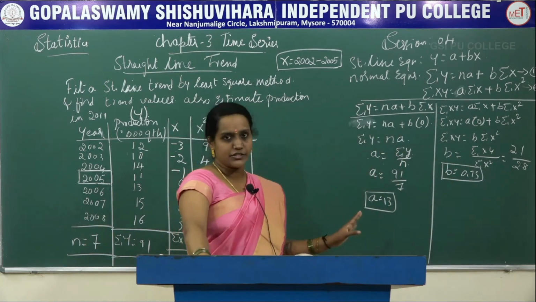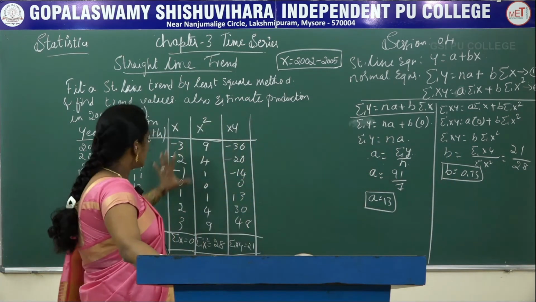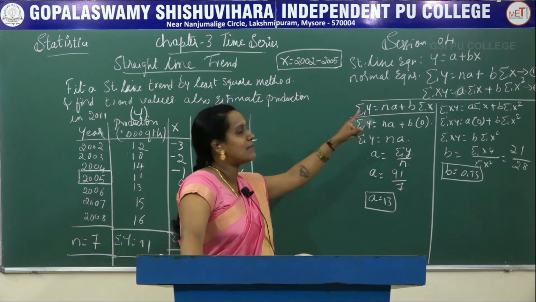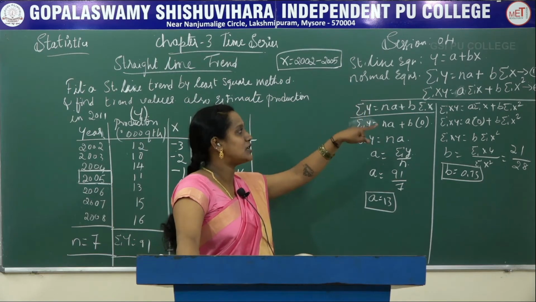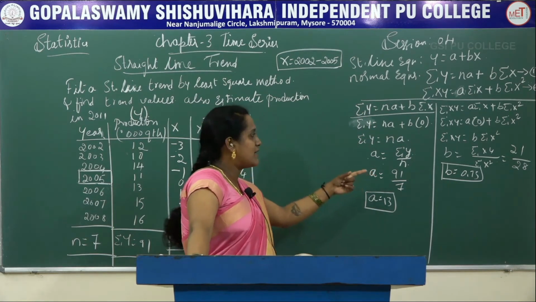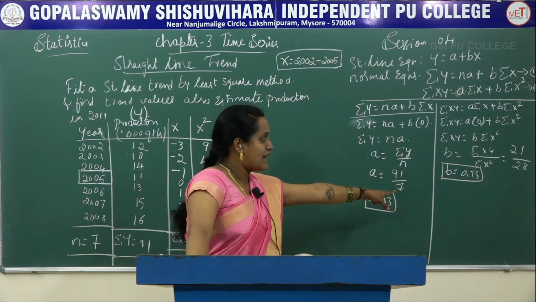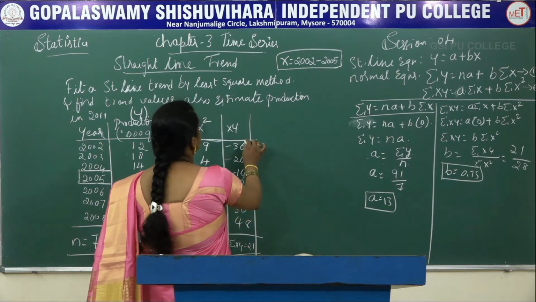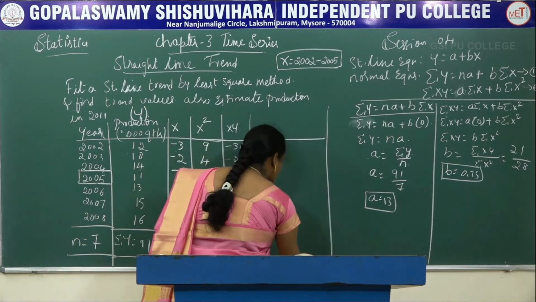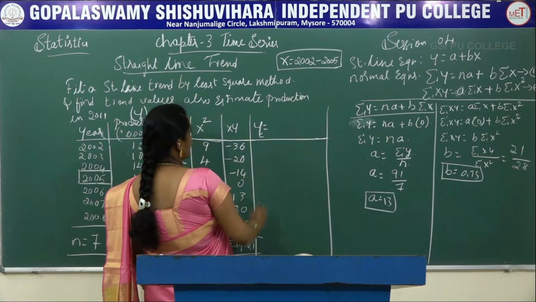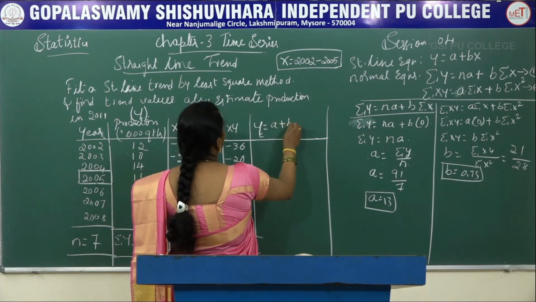I'll repeat the procedure. After completing this table, we use the first normal equation, summation y is equal to na plus b summation x, to find the value of a. Using the second normal equation, we find the value of b. Next is to find the trend values, that is y calculated is equal to a plus bx.